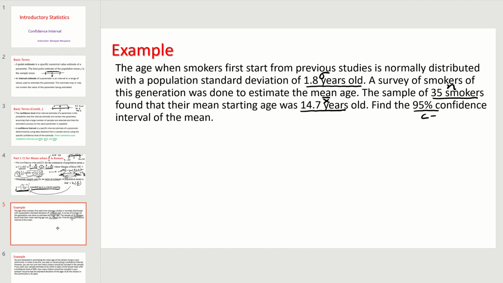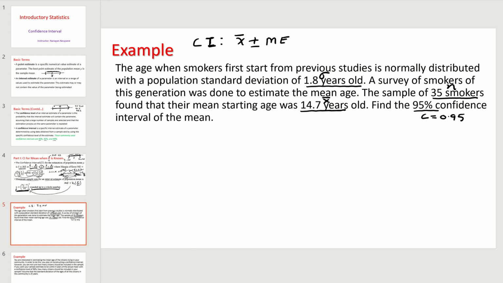So your C is 0.95. So we have to find the confidence interval. What we know is the confidence interval will be, if you remember from the previous slide, the point estimate plus or minus the margin of error.